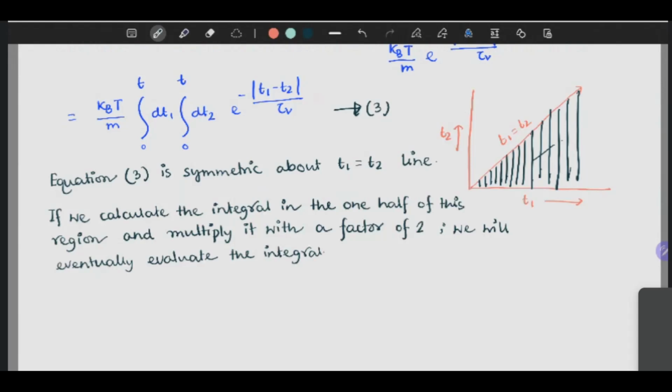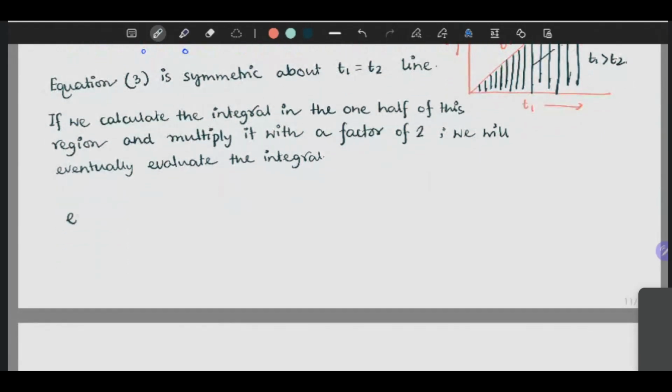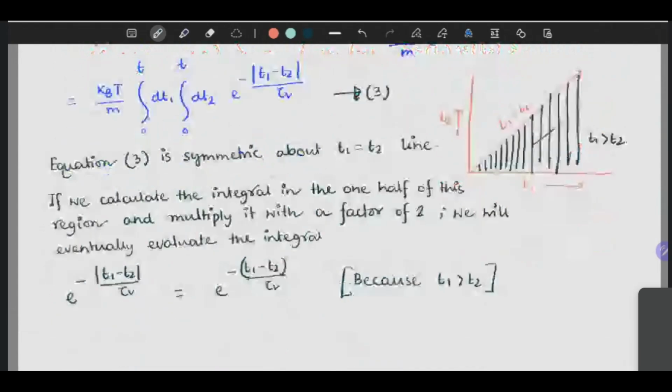Now in this region it is always t1 is greater than t2. So this function e to the power minus mod of t1 minus t2 by tau_v becomes e to the power minus (t1 minus t2) by tau_v, because t1 is greater than t2 in this region. So there will be a factor of 2 here.